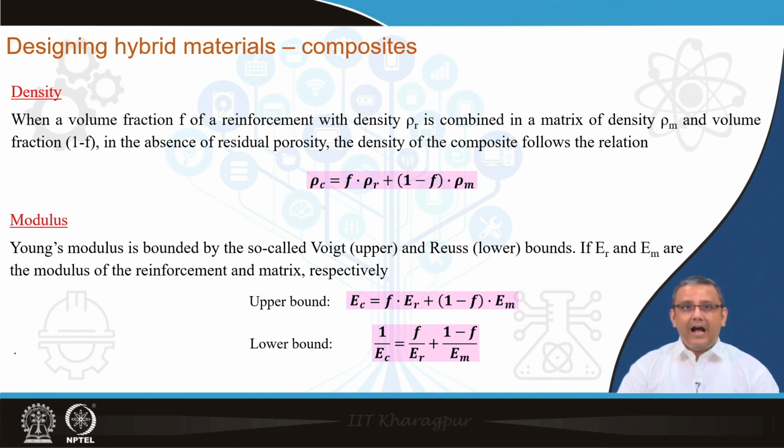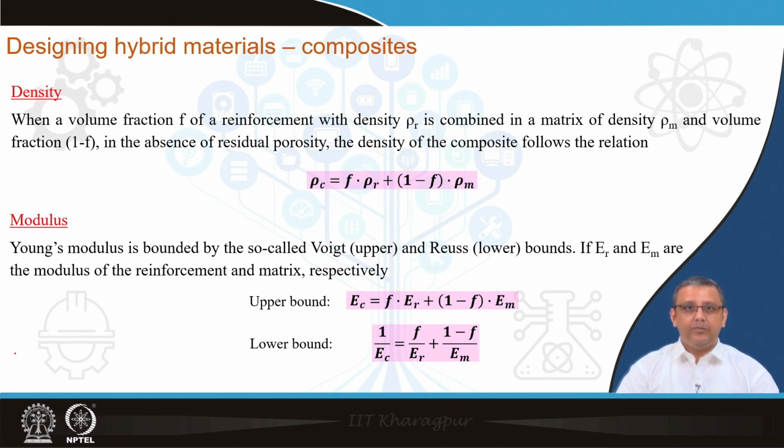So, when a composite has two components, one component is the matrix, which is the continuous and major phase, and the other is the reinforcement phase, which is distributed within the matrix.